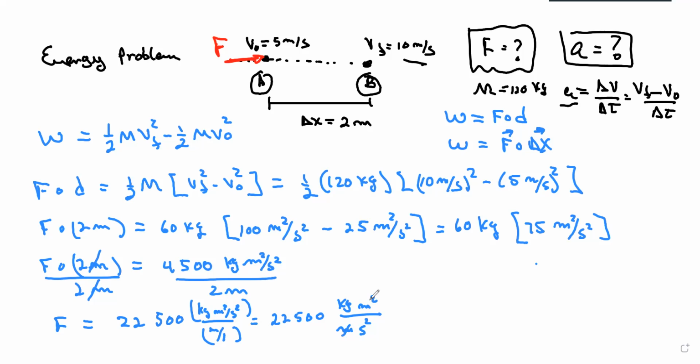So this meter cancels with the square here, and you're going to get 2250 kilogram meter over second squared, which is newton. So this is going to be equal to 2250 newtons, and that would be your force.